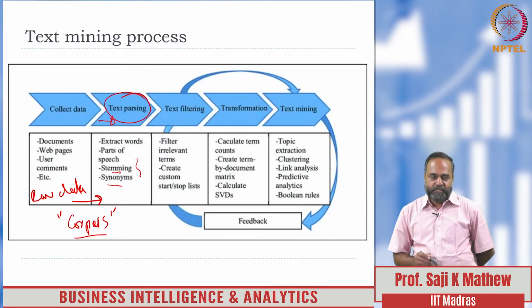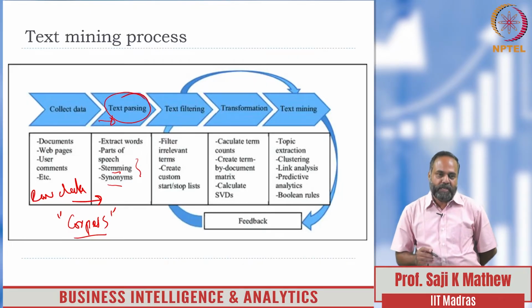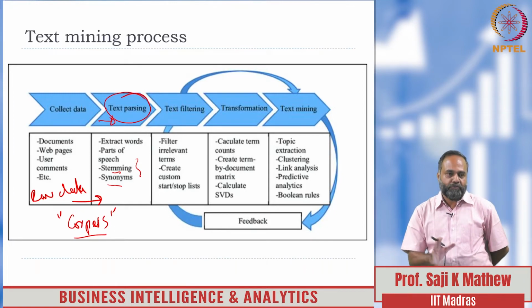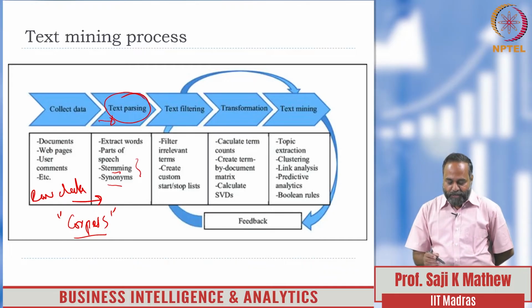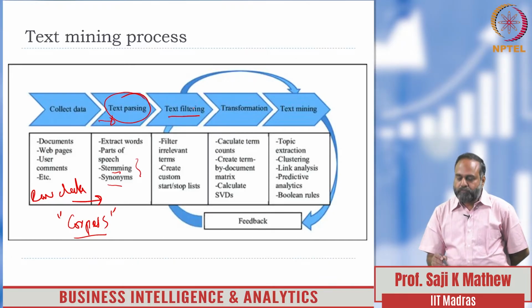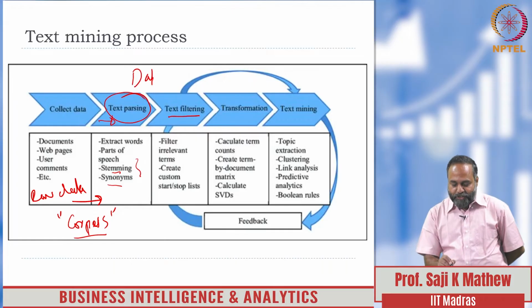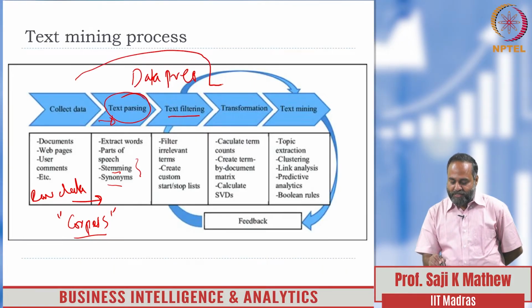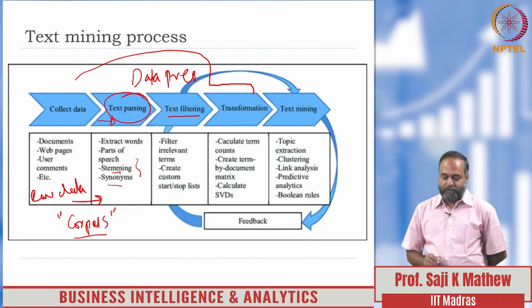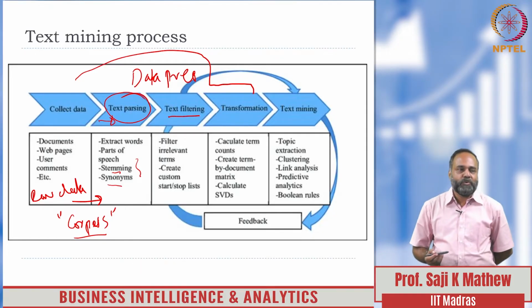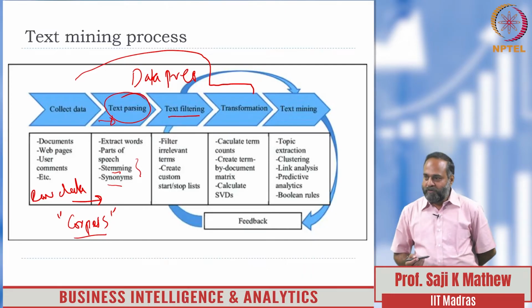So parsing the text means structuring the text in textual format itself, not giving any numeric value here, understanding the structure of a text, and then filtering it. This is all data preparation, up till this point, because text is text, so you need to do a lot of hard work to prepare it for modeling.